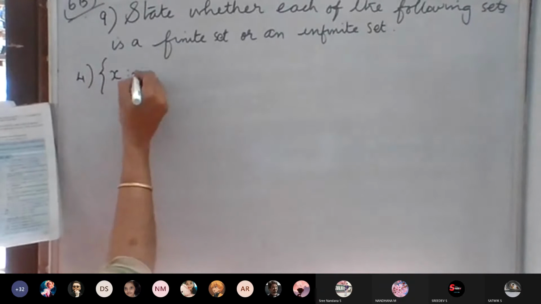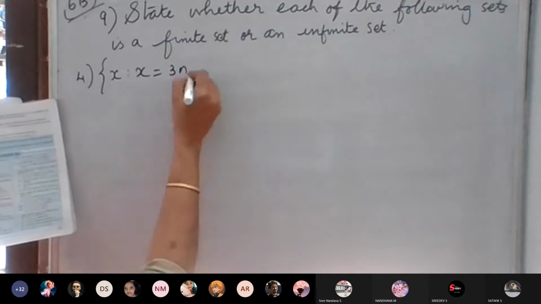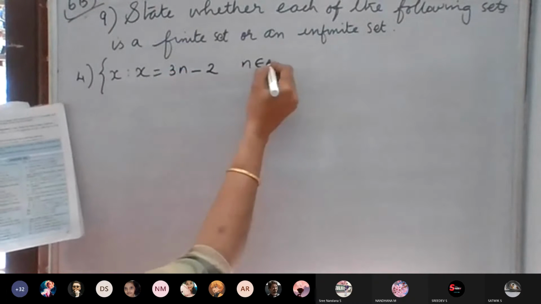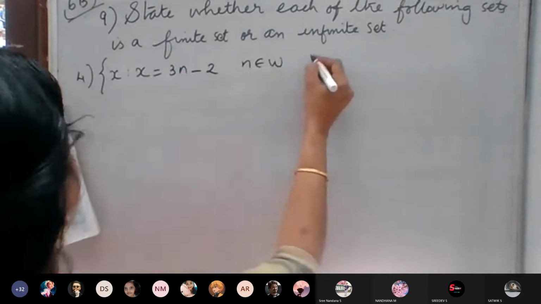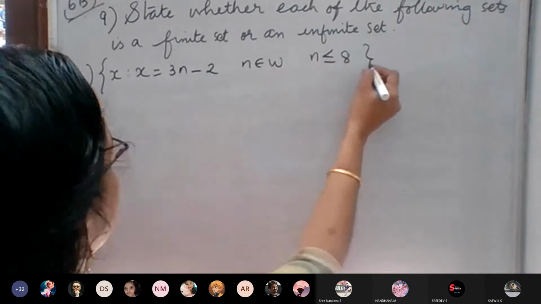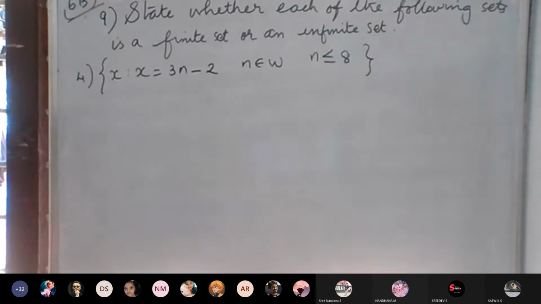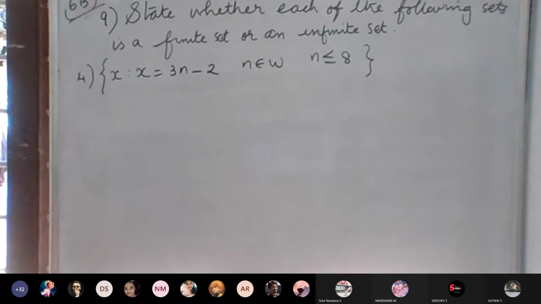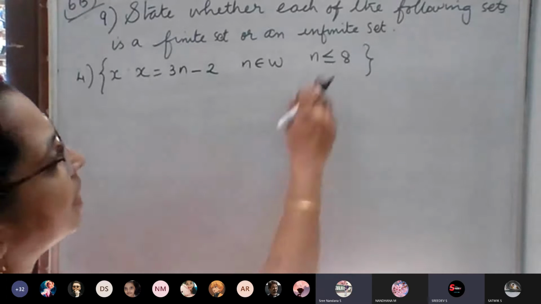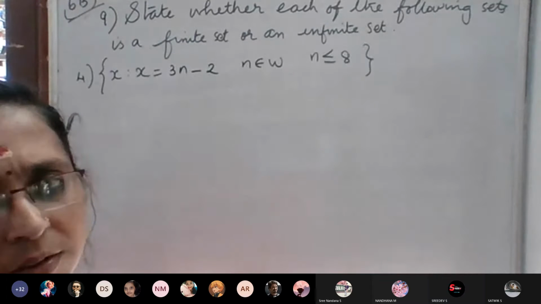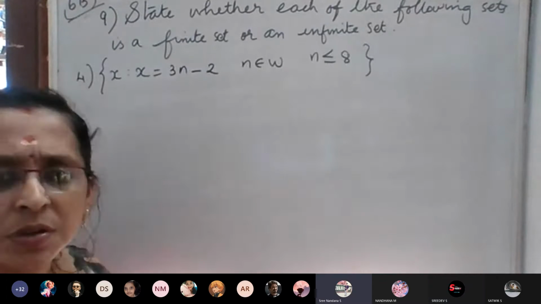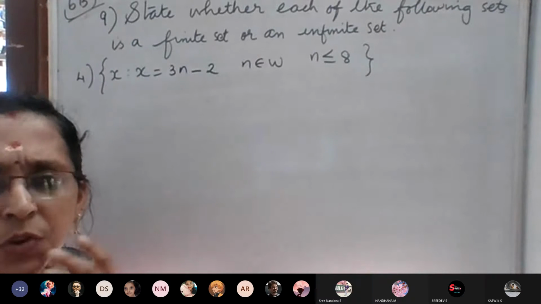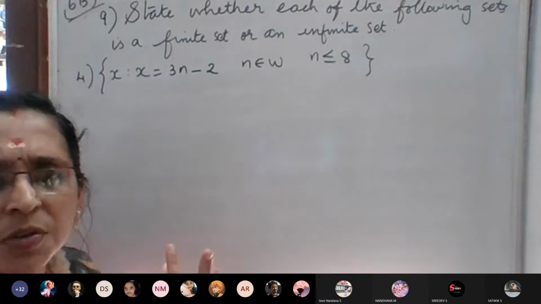Set of all x such that x is equal to 3n minus 2, n belongs to W, and n less than or equal to 8. Without calculation, we can say it is a finite set.